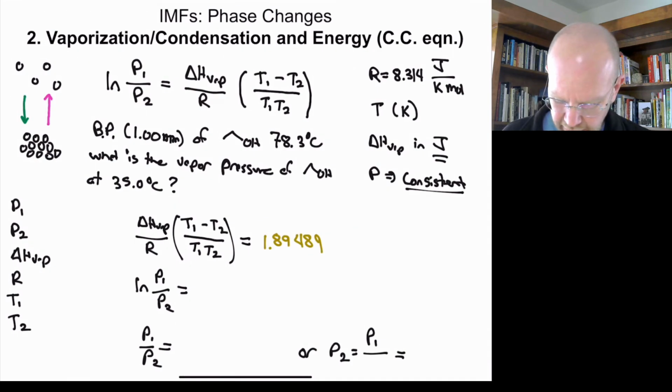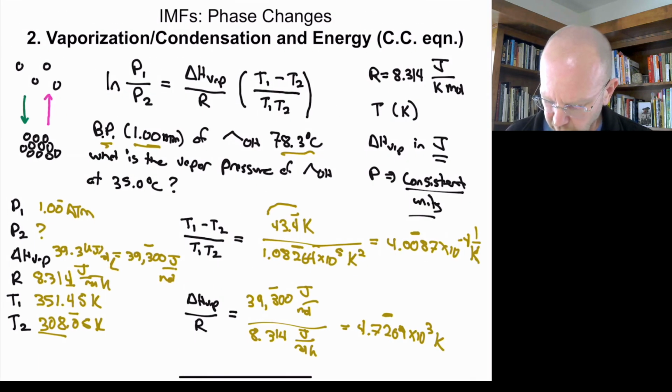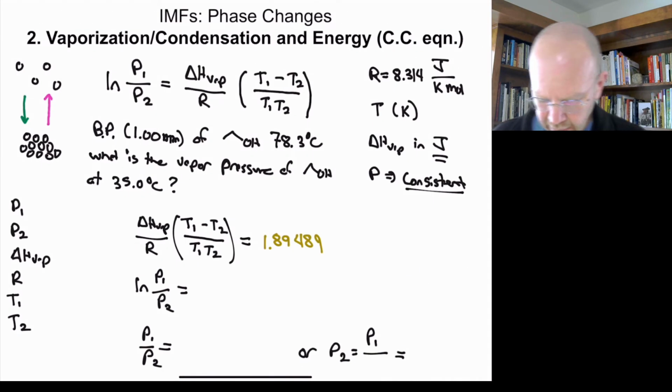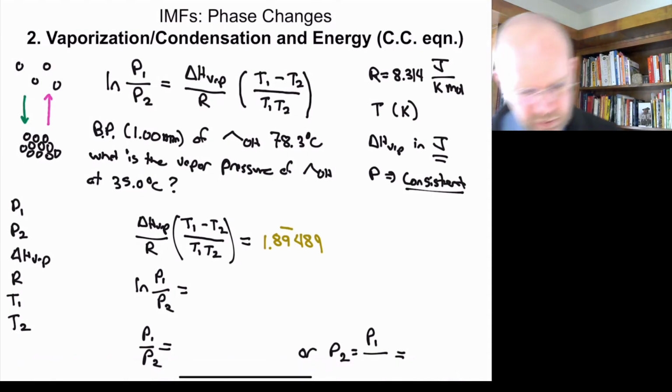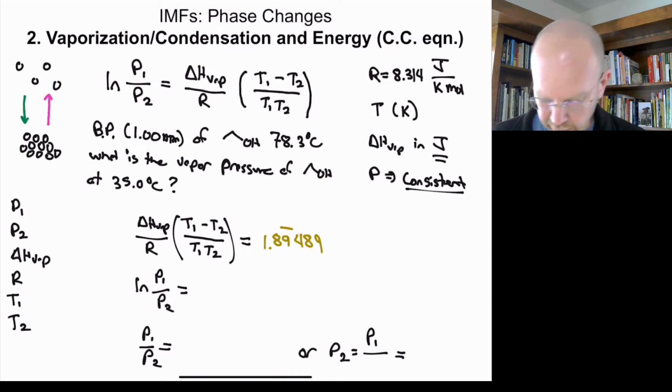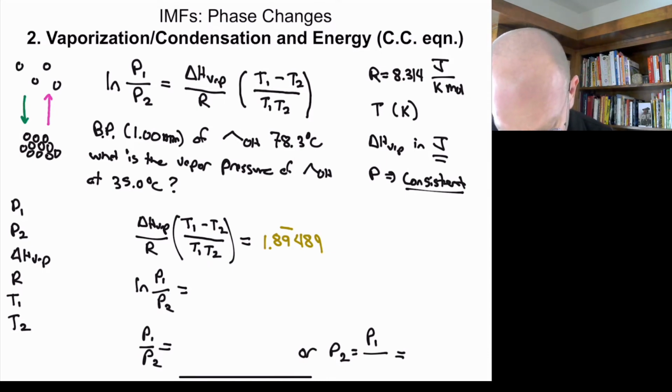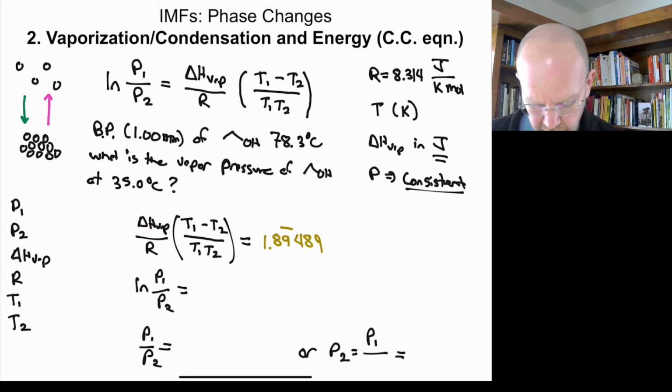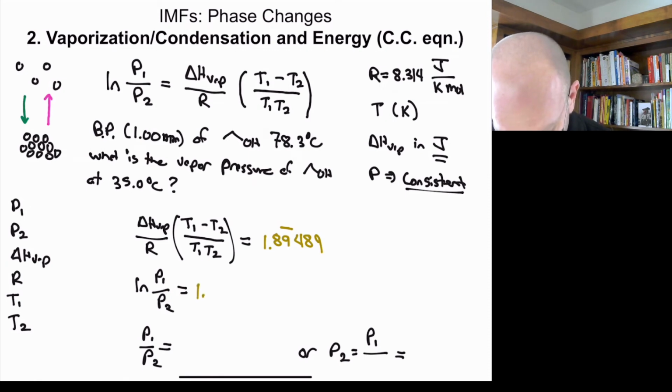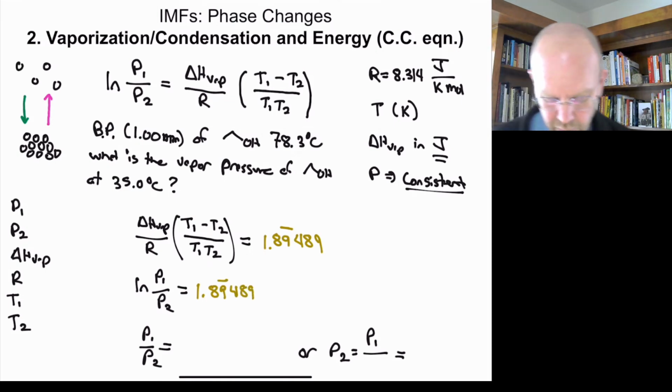Because we had 3 sig figs in one number and 3 sig figs in the other, this one is also going to have 3 significant figures, and there are no powers of 10 here. That's the number that is going to equal the natural log of the ratio of pressure 1 over pressure 2. So we'll say 1.89489 is going to equal ln of P1 over P2.